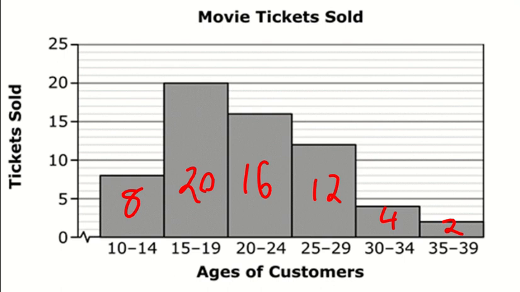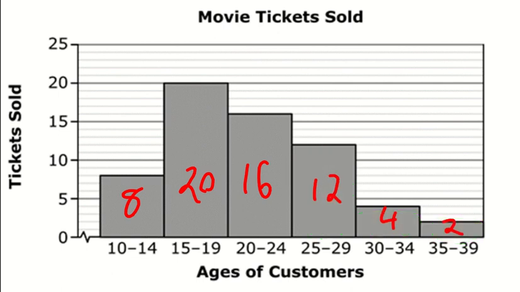Okay? So how many customers are over age 24? 18's correct. Over 24, whoops, wrong one. Over 24 are those 3 columns. So you're just adding them up. 24 itself is not over 24.